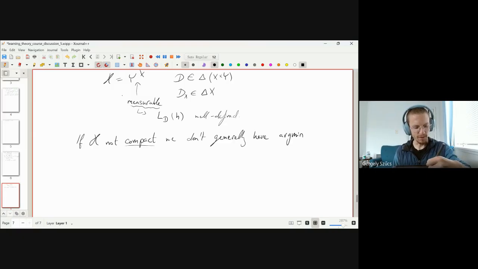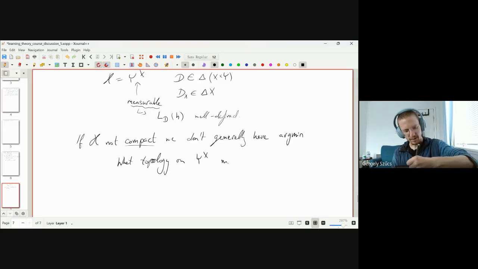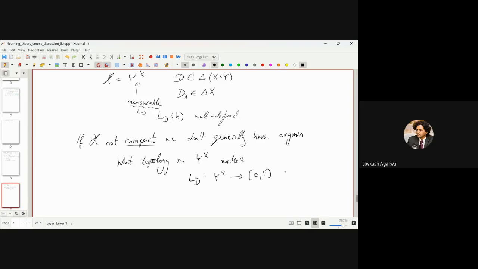And then we want to put some topology on it for which, yes, an interesting question is what topology on Y to the X makes this loss function continuous. But that might depend on D, right?